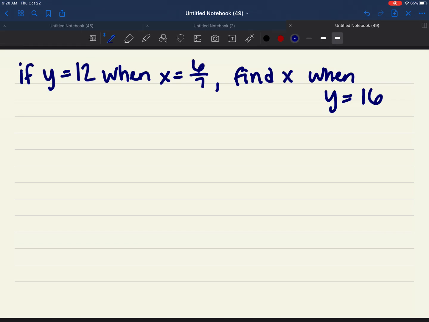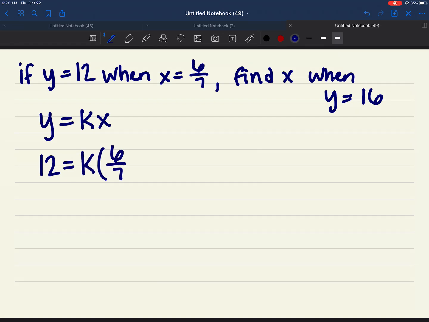Okay, anybody want to try this one? All right, Leah, go for it. So first we do 12 equals k times 6/7. And you could divide or multiply that by the reciprocal. Good. So I get 12 times 7/6.